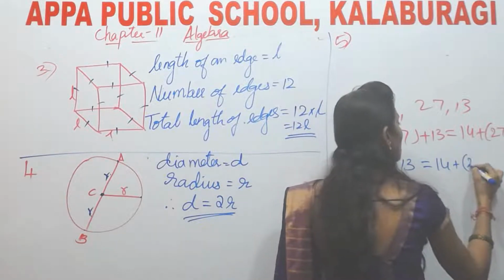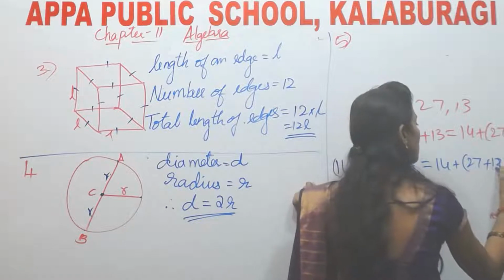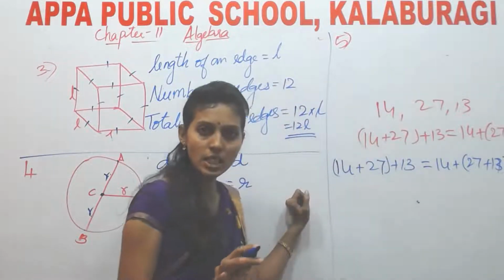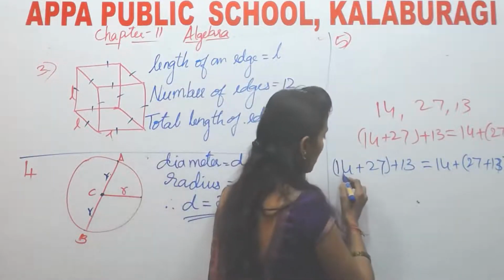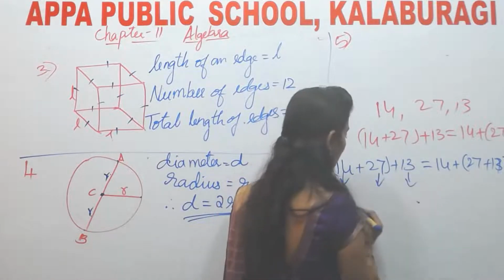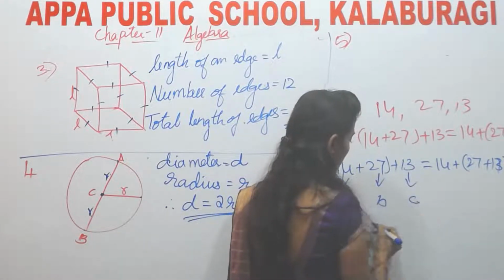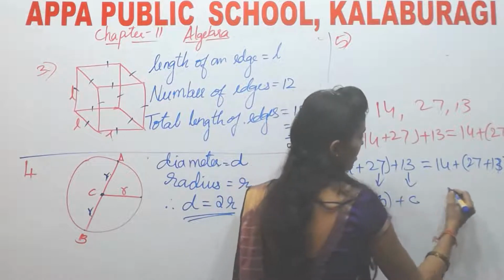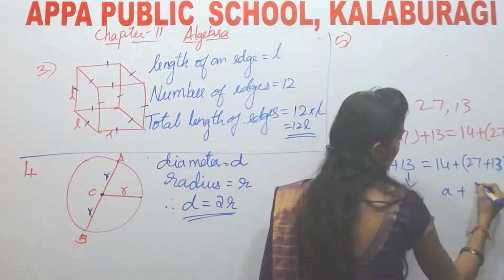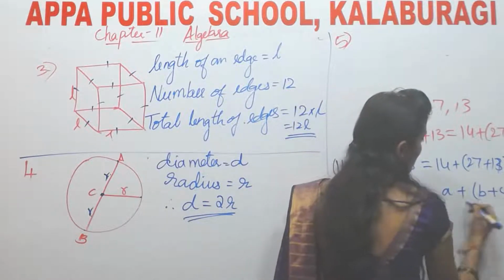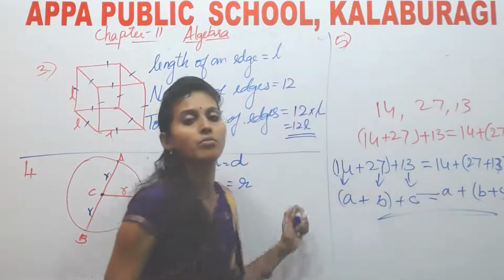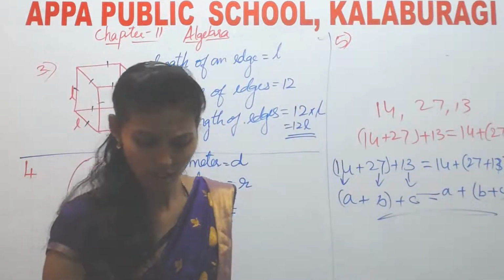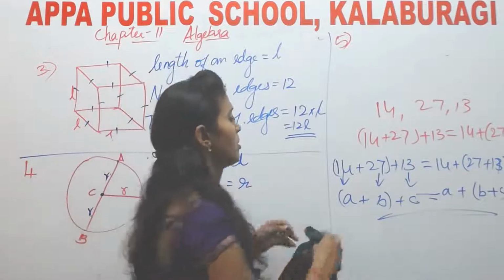The answer is the same. Now, instead of 14, 27, 13, we have to use A, B, C. That's the answer. Only this much. Still, let us write a proper solution.